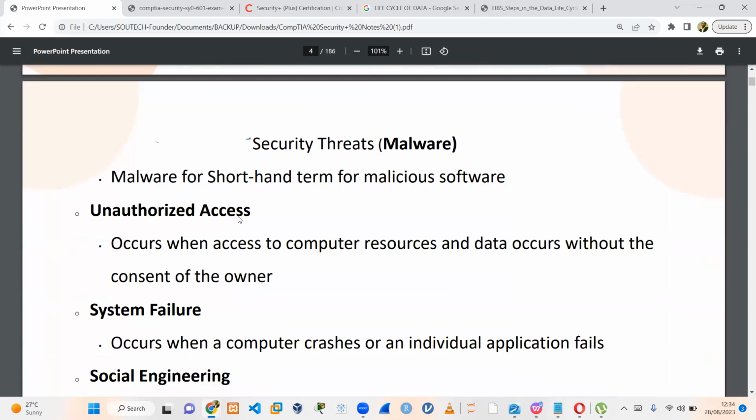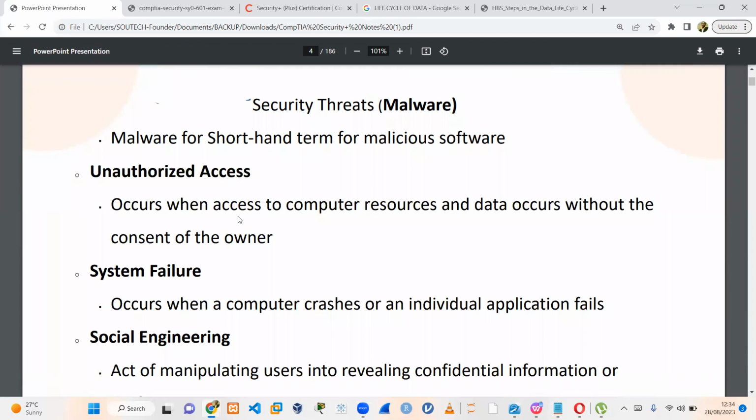Okay, let's look at the concept of security threats, malware. Malware is the umbrella word for malicious software. Anything that causes system malfunction is what you call a security threat. Unauthorized access occurs when access to computer resources and data happens without the consent of the owner.